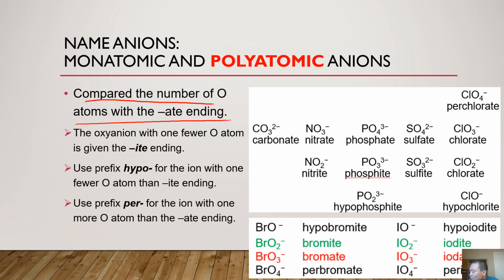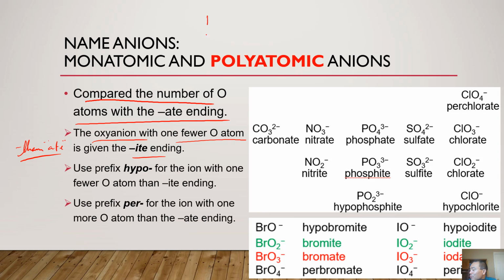So, if the oxyanion has 1 fewer oxygen than the ATE ending, then you use ITE.